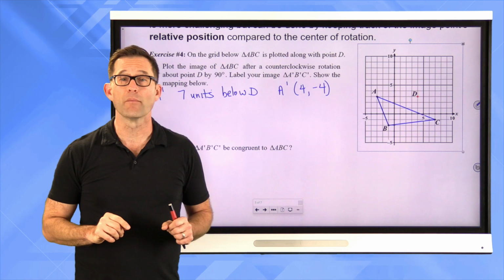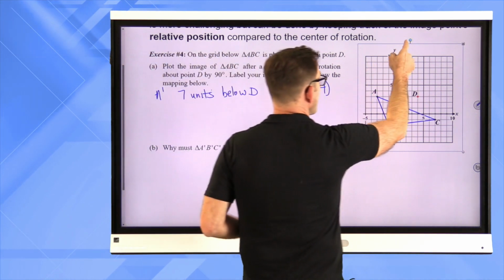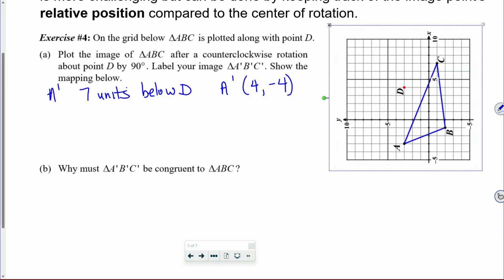Now let's take a look at where B goes. So again, I'm going to rotate 90 degrees, okay? And now what I see is that the image point of B will be 1, 2, 3, 4, 5 to the right, and 1, 2, 3, 4, 5 down. So B prime is 5 right and 5 down.